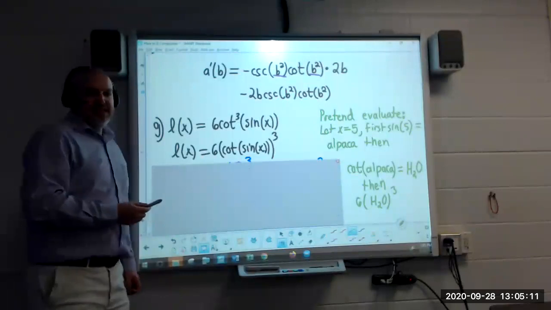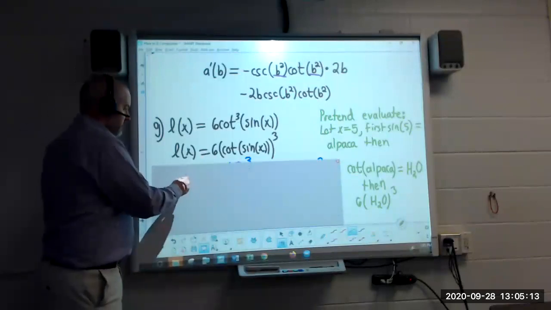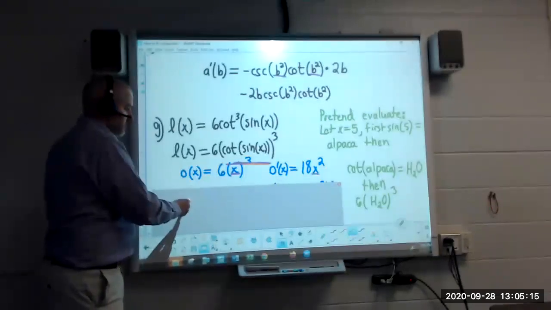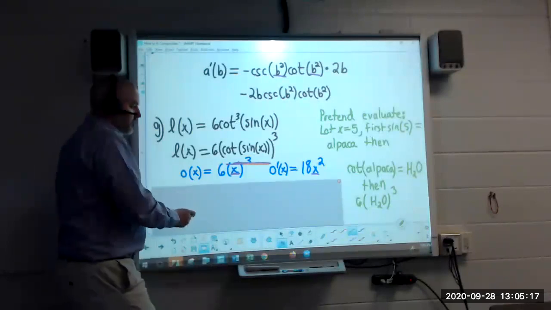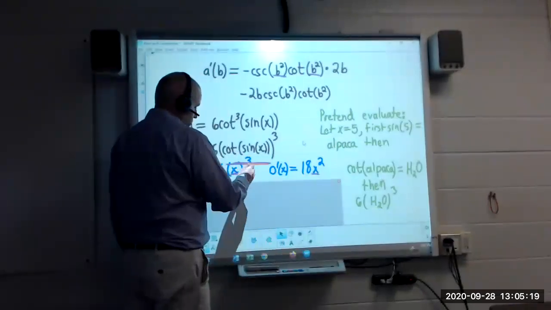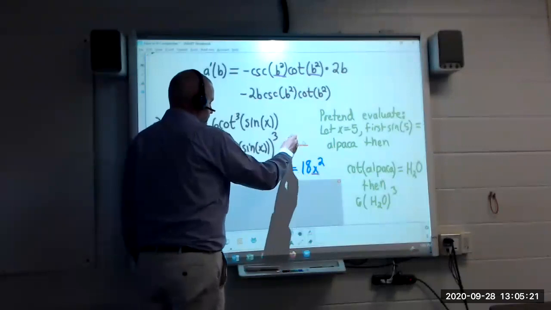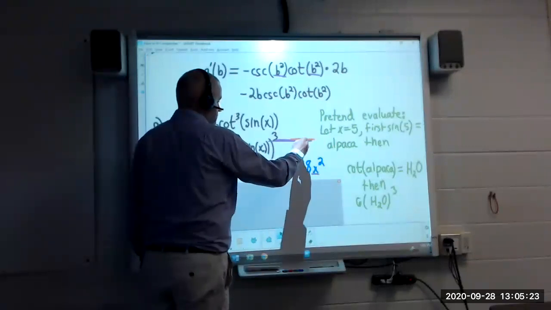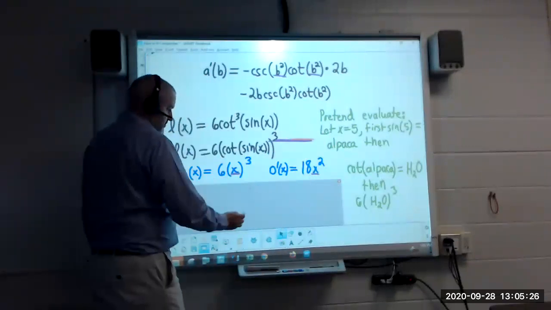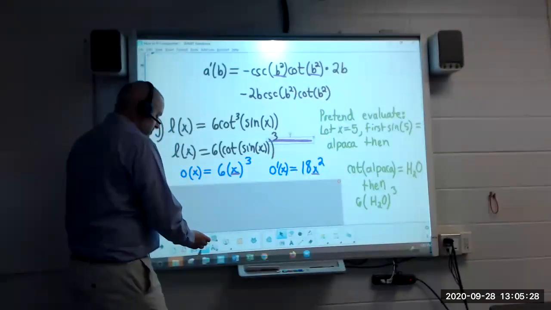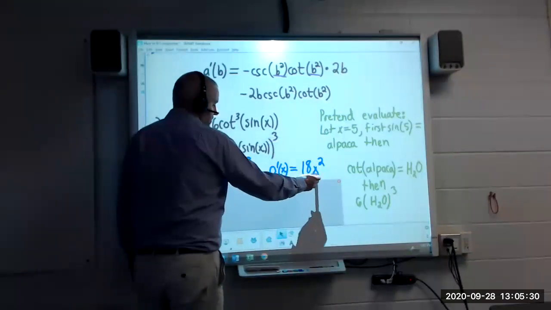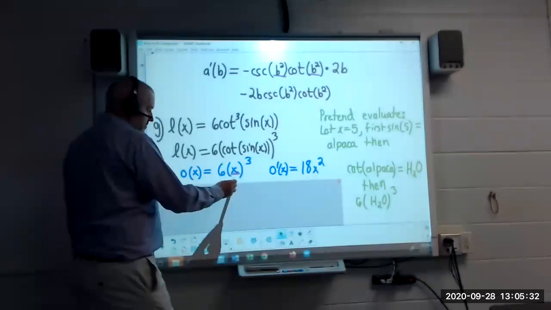Sine, that's the inside, the innermost, correct? Right. So if we go at it in reverse order, you could also come at it from the other way, but I'm doing it this way.